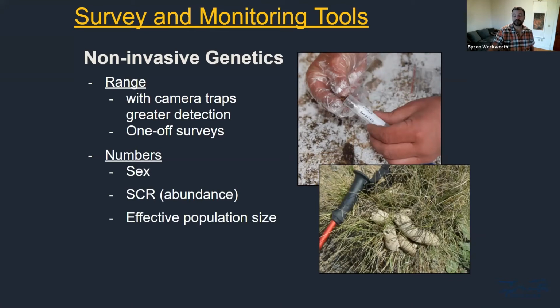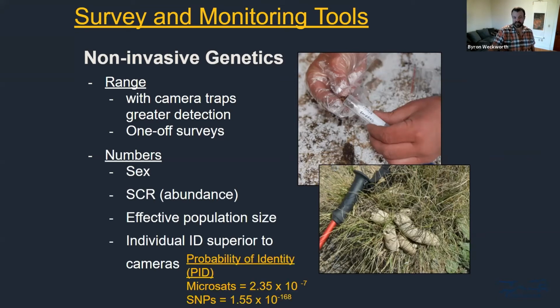We can get an effective population size, which in many cases, particularly in species that have small population sizes, low density, and are fragmented, I would say is an even more important metric than necessarily census size. That's something much easier to do with genetics. And then individual ID is far superior to cameras.